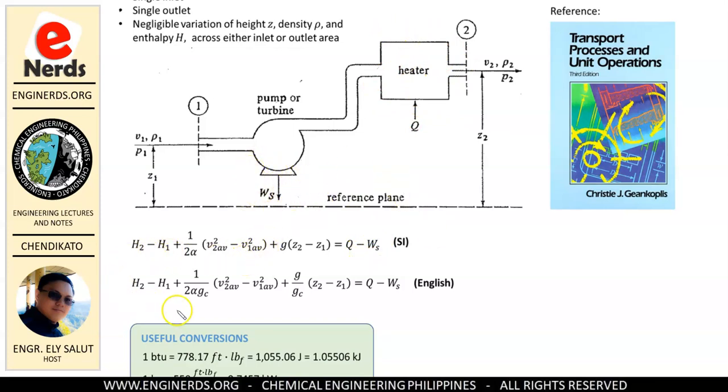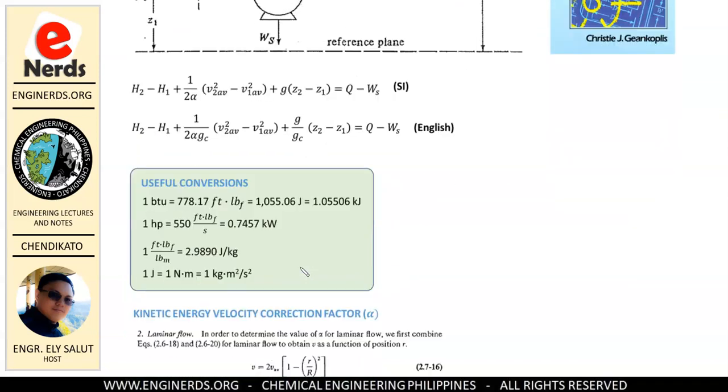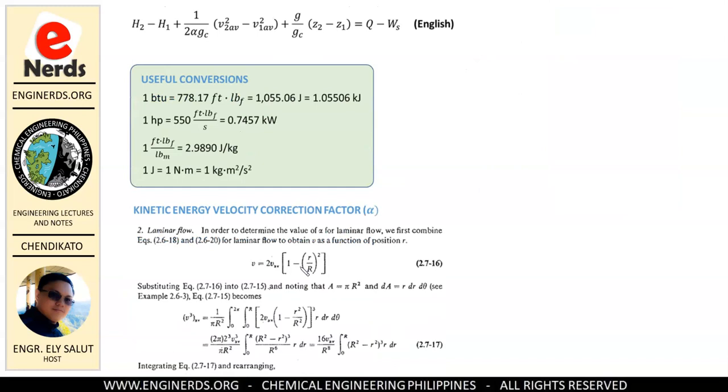Okay, so now we have here the English unit kung saan ginagamit natin itong ating gc for our acceleration due to gravity. Okay, so kailangan natin tandaan itong mga useful conversions natin when we are dealing with energy. So, gagamitin natin to in order to have consistency sa ating mga units. So, 1 BTU is equal to 778.17 feet pound force, which is also equal to 1055.06 joule or 1.05506 kilojoule.